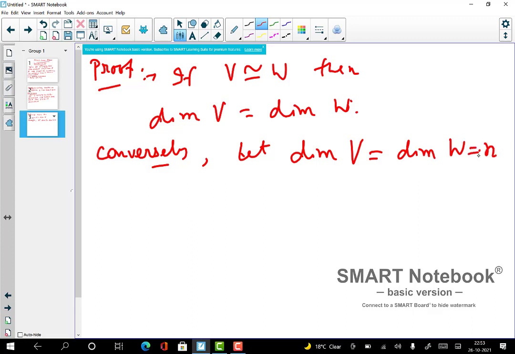Let me write this as n, and let us choose an orthonormal basis for V, because every finite dimensional inner product space has an orthonormal basis.